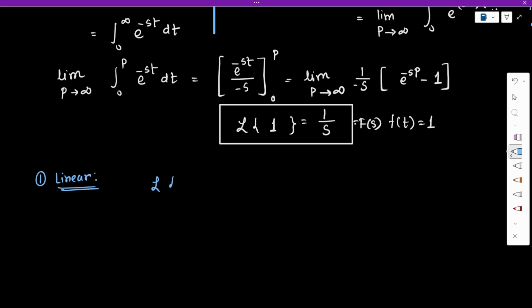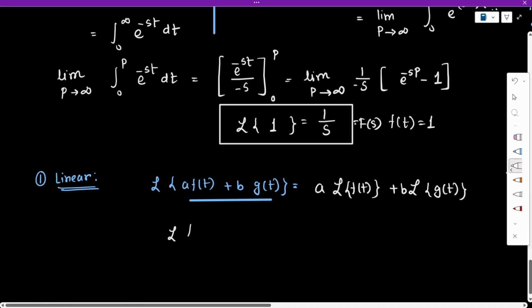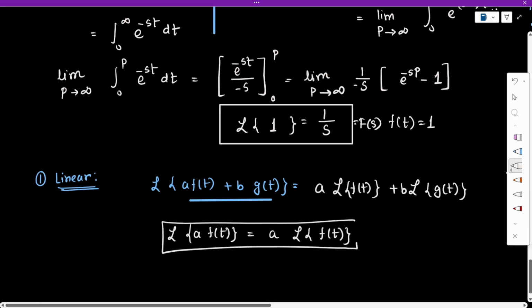So if we have a Laplace transform of something like this, and we were asked to give the Laplace transform of this resultant function, then we can easily say that this is equal to a times this plus b times the Laplace transform of g(t). So this is the linearity property of the Laplace transform, and there is another property right here.